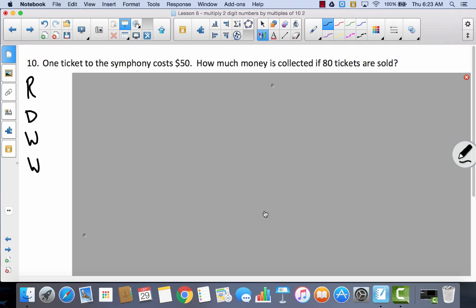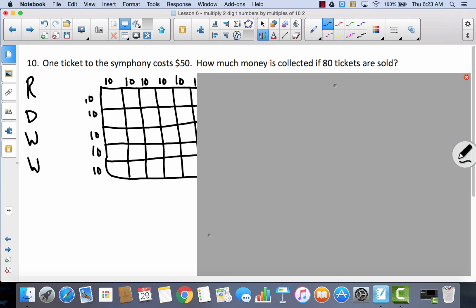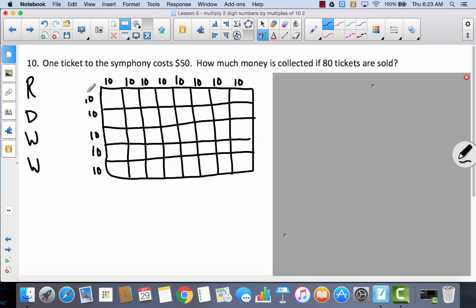Okay, so the first thing I thought to myself is I have $50 for each ticket, and I'm selling 80 tickets. So that's going to be $50 80 times, or 5 tens 8 times. So I decided to draw an area model to represent that. And you can see here I've got 8 tens 5 times.